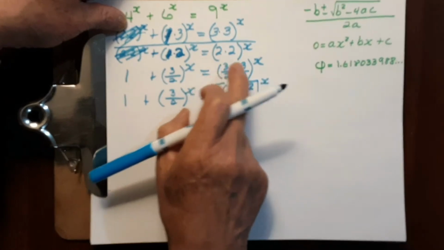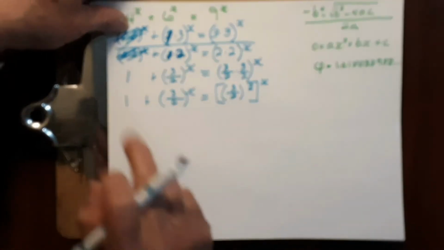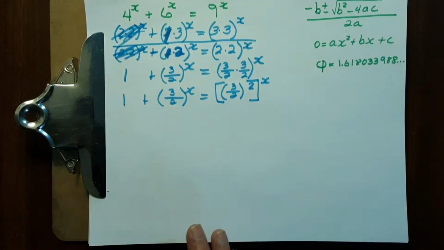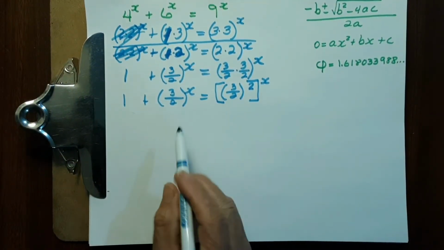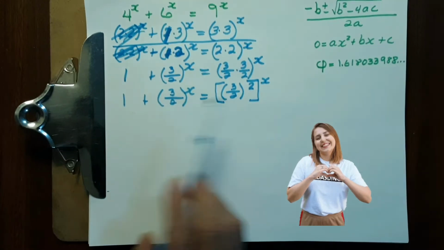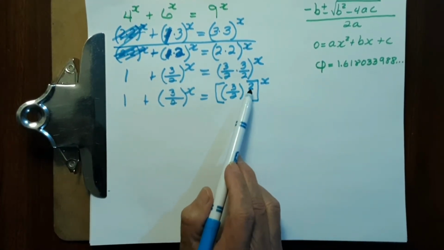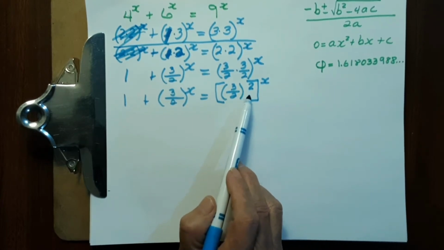So in order to have the same, we had to go square. Okay, now we have this equation, and we have to get rid of this square, the index.